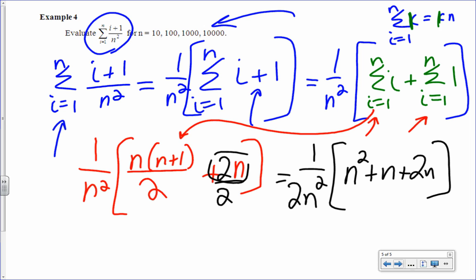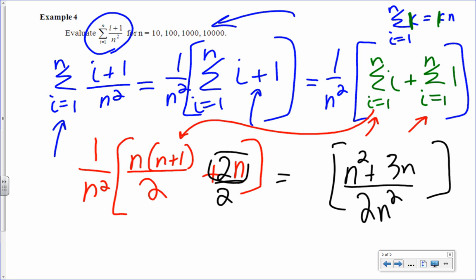So is everybody okay with me writing n squared plus 3n? Is everybody okay with that? So really, isn't that just over 2n squared? Is everybody okay? I just say forget about that stuff being outside now and just put it in there.